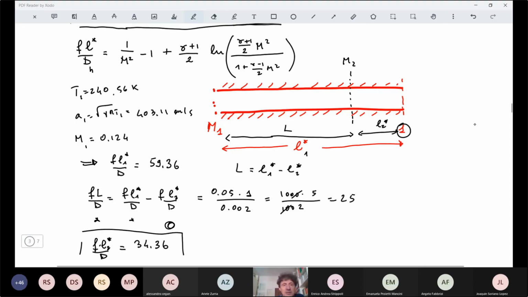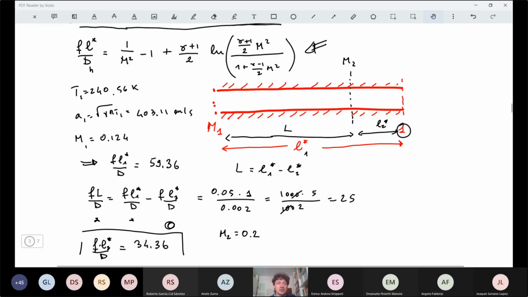Now from this we can try to use this relation and get from it the Mach number. Of course, it cannot be directly inverted, so we have to consider a couple of tentative values. For instance, we can try with M2. What do you expect here? Something more, of course, than M1. So we try with 0.2 to see if it's already enough, or we need more.